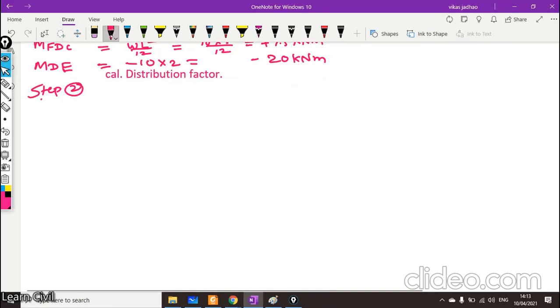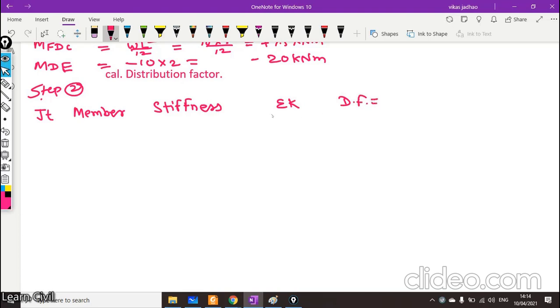Okay, for calculating the distribution factor, you have to prepare a table containing joint, member, stiffness, then summation of stiffness, and finally distribution factor.